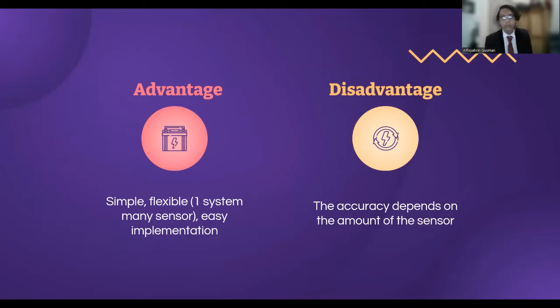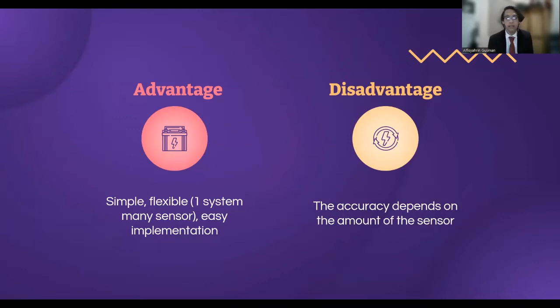The second is flexibility, because in one system there can be several sensors, which can further increase the mobility of the robot. And the last is that it is easy to implement.